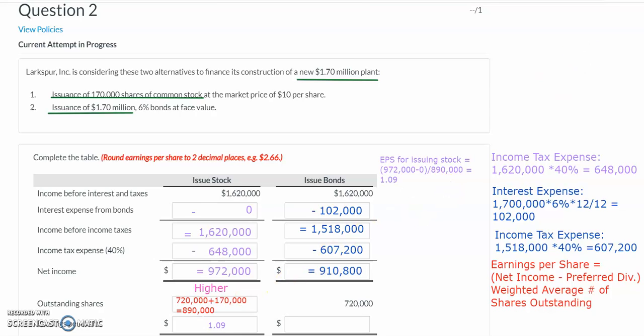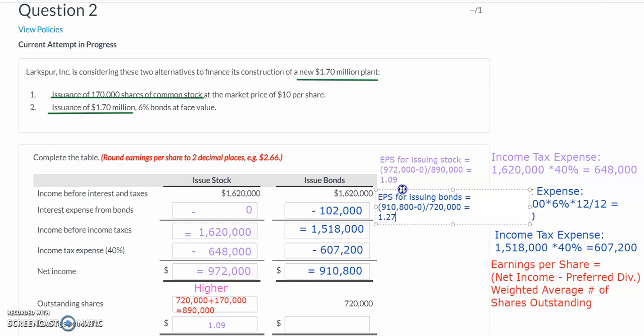Next, we need to compute our earnings per share if we were to issue bonds. So we're going to take our net income, which is lower in this case. There's no preferred dividends, but we also notice that we have less outstanding shares. So when we do the math here, we end up with 1.27.